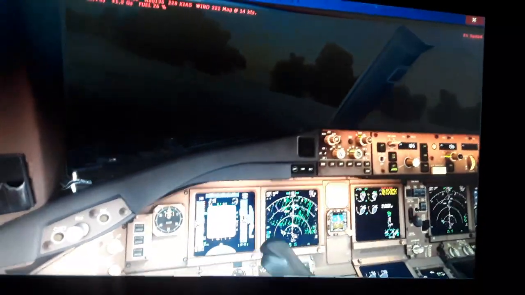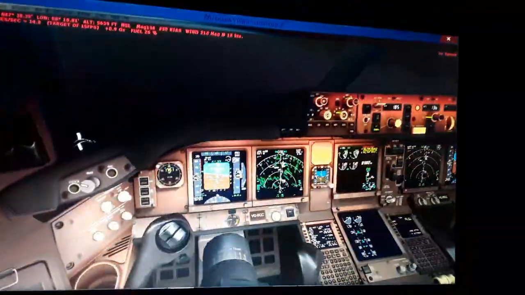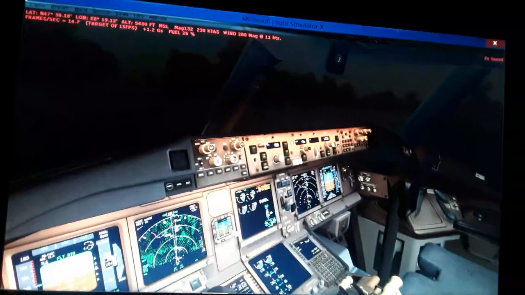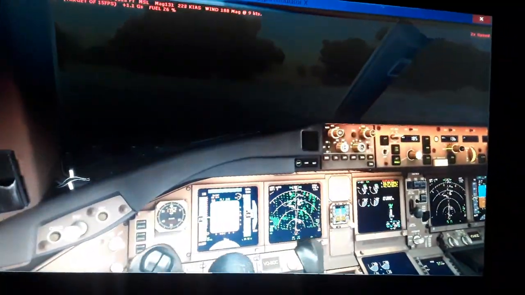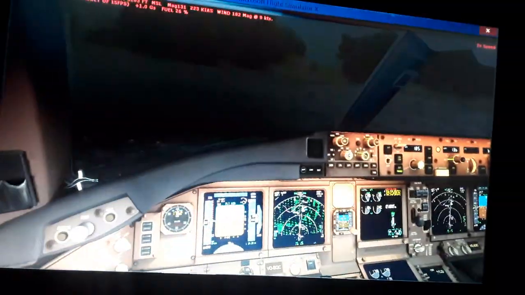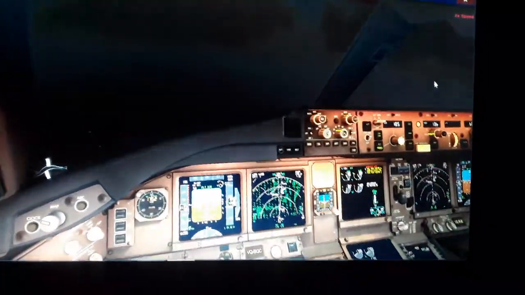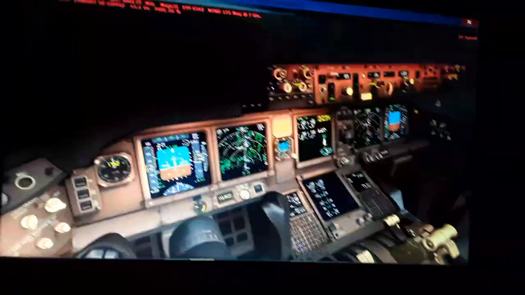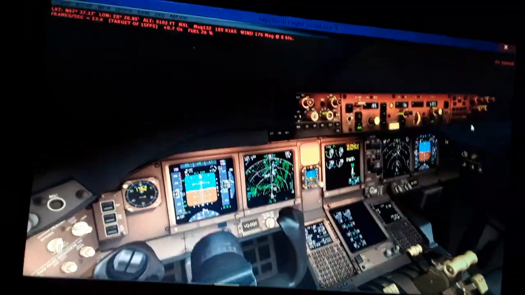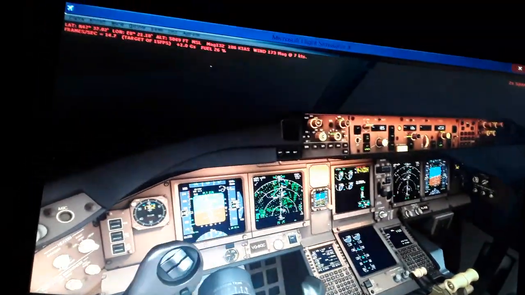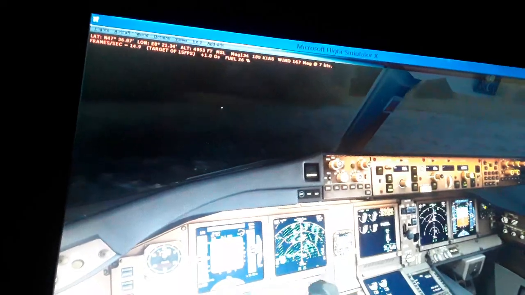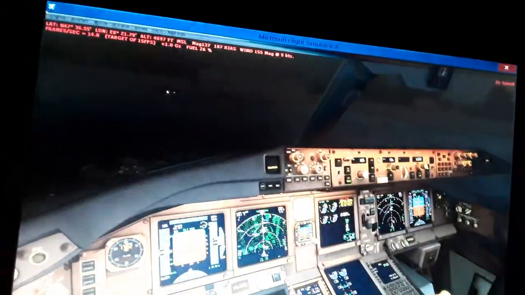So we are into the glide slope, as you can see. We have manual control. So we have 2 more minutes left for this.